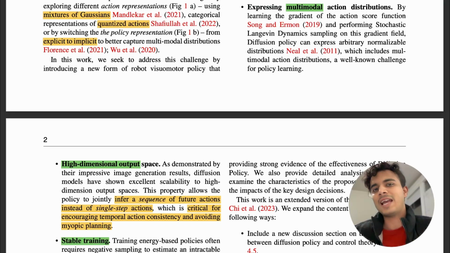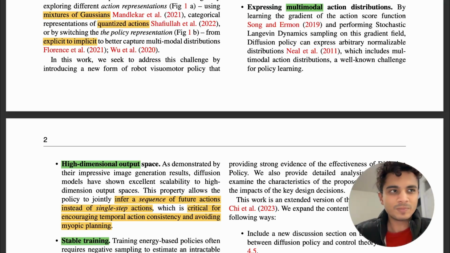So let's say I am the only one collecting the data set, and the robot will only learn how to make eggs the way I do. It will never learn how to make eggs the way you do. Sometimes that becomes a problem. And fascinatingly, this diffusion policy tries to learn multiple ways of doing the same thing without explicitly having that in its data set.